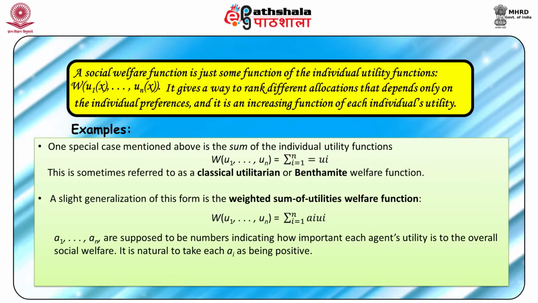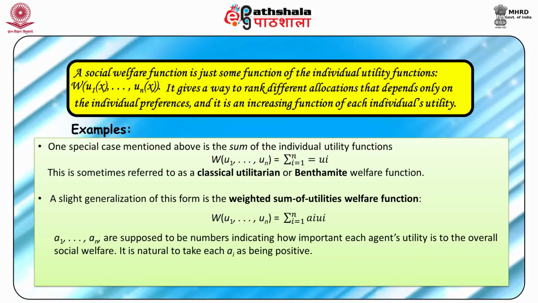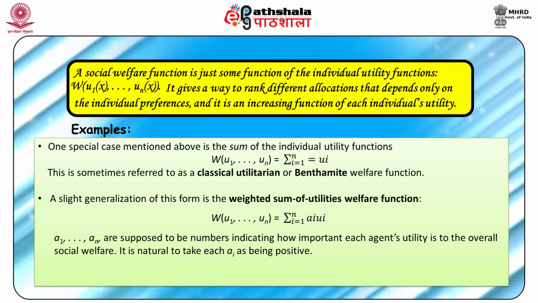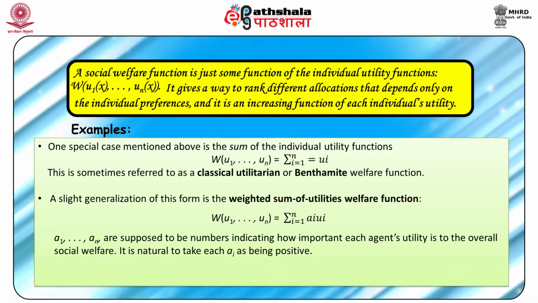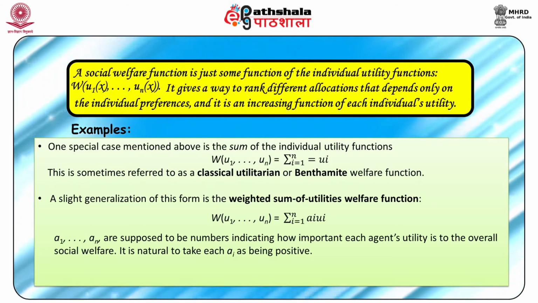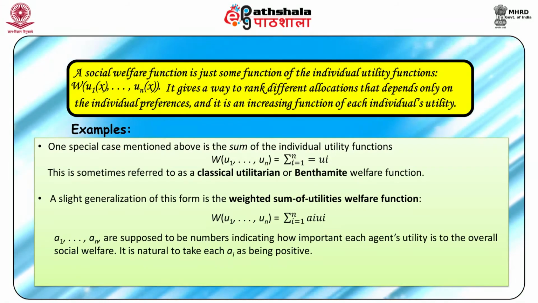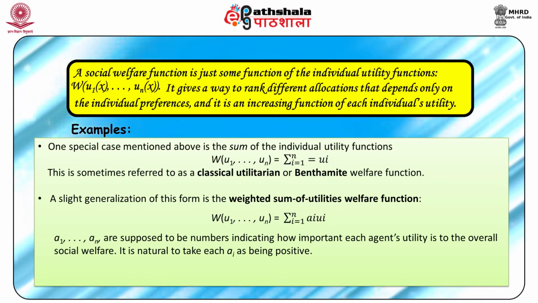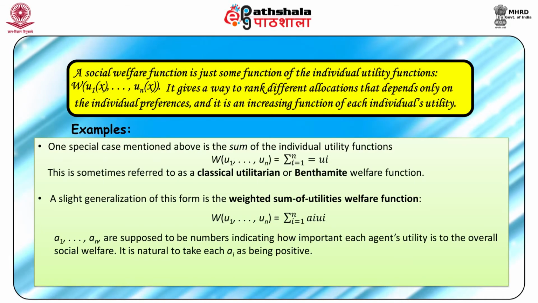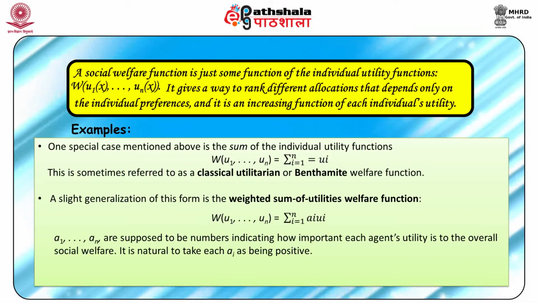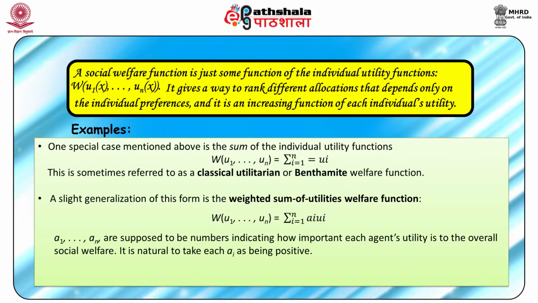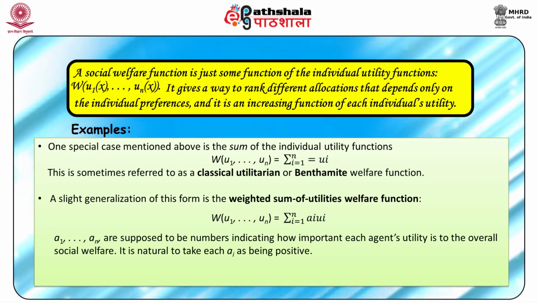A social welfare function is just some function of the individual utility functions, W(u_1(x), ..., u_n(x)). It gives a way to rank different allocations that depends only on the individual preferences, and it is an increasing function of each individual's utility.